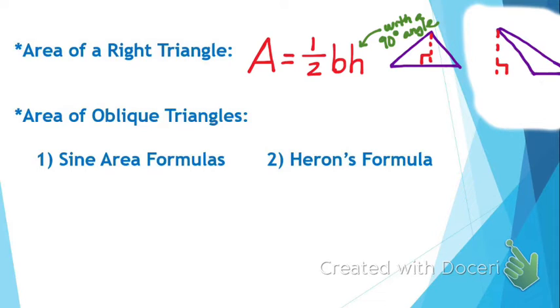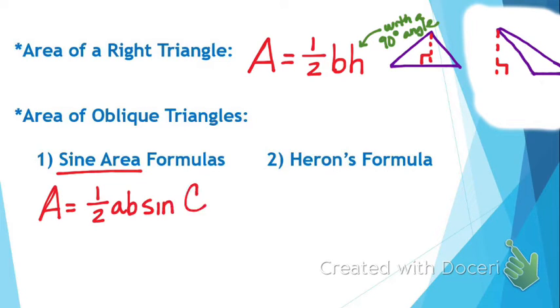For the sine area formula, that one is area equals 1/2 ab sine of angle C. So if you're drawing out a triangle here, in order to do this formula, you have to know, going back to geometry, it's called side angle side.